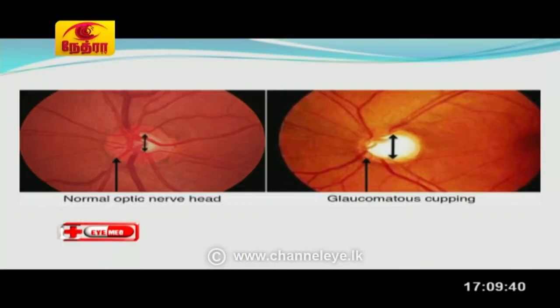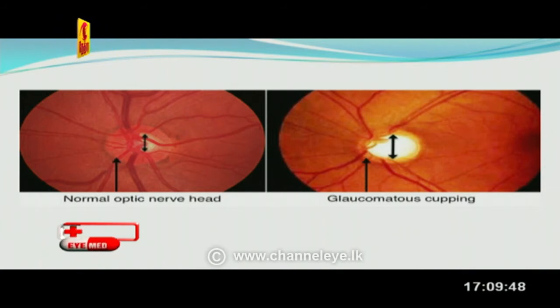The most important thing is to diagnose this condition as early as possible, because this leads to irreversible blindness. You can see in this picture why the patient develops blindness: this is a fundus photograph of the most posterior part of your retina.